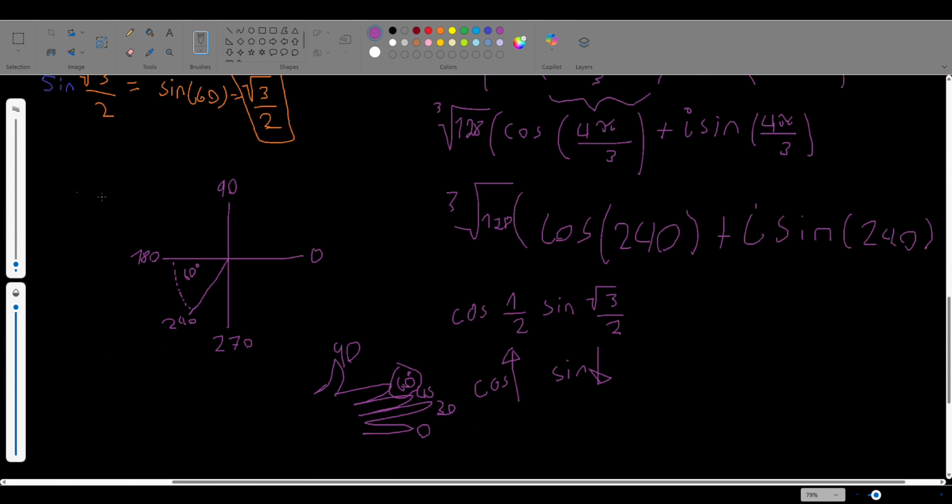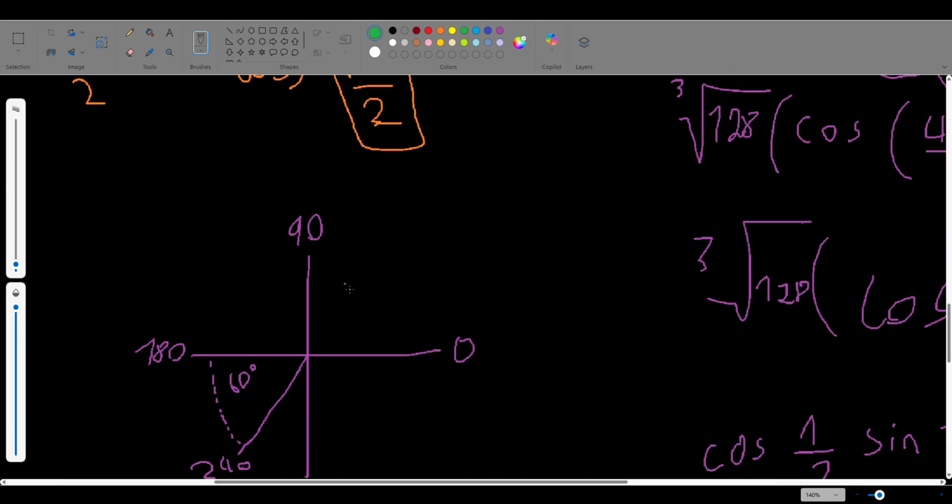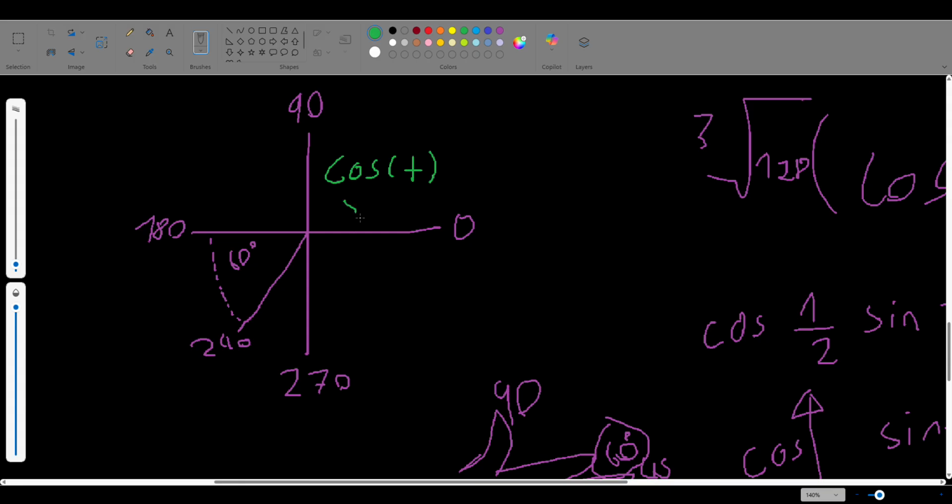However, I want you to pay attention to something. Earlier, I said something about it being positive or negative based on where it is in the unit circle. So remember, in this quadrant, cosine is positive, sine is positive. Here, cosine is still positive, but sine is now negative.